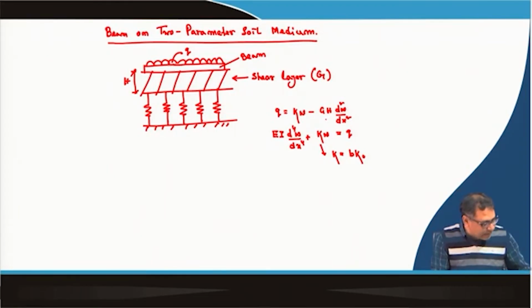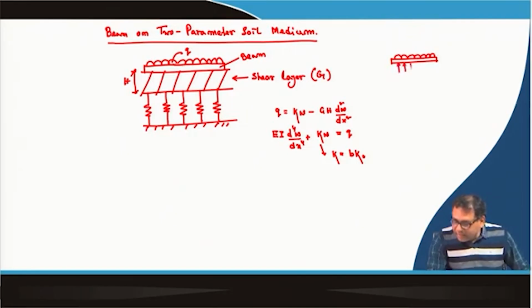Now, if I divide it into two parts, then this is my beam, over it there is a UDL Q, and below that a reaction is acting, say QB, and this is Q.